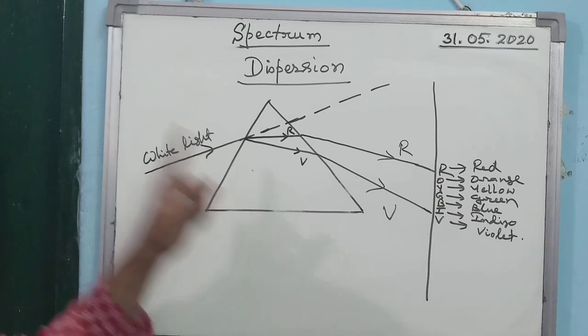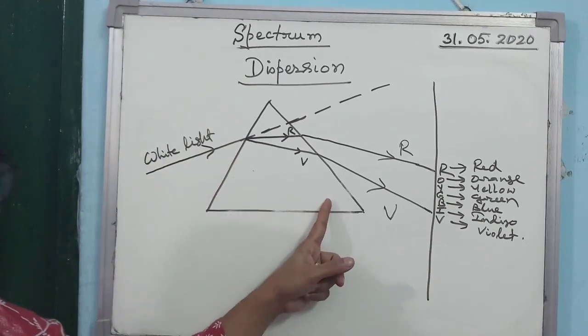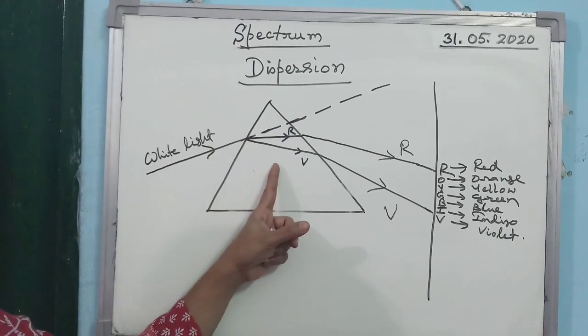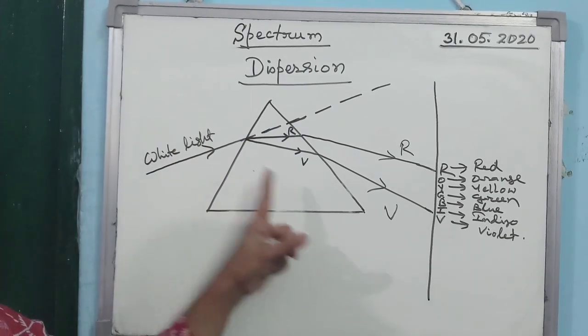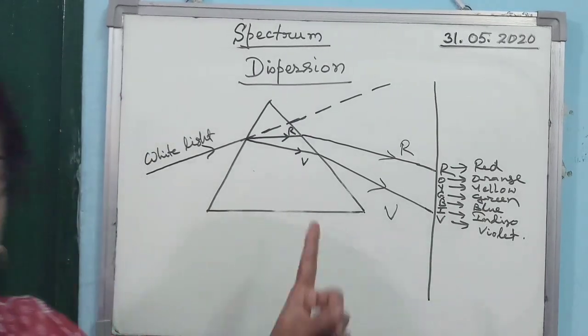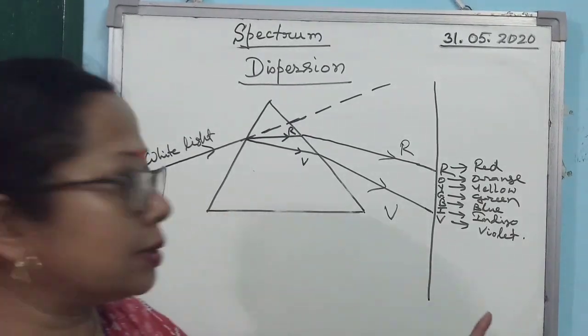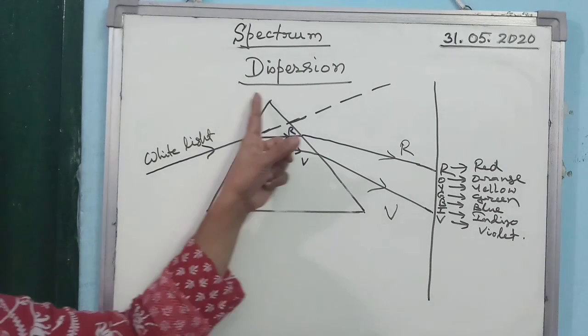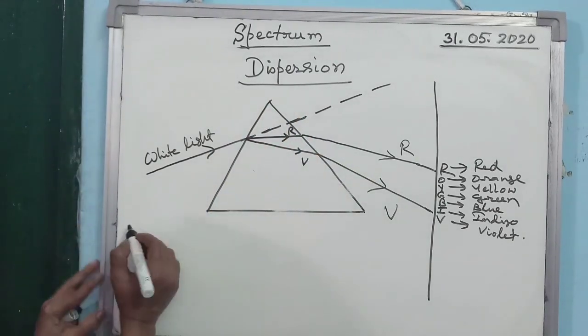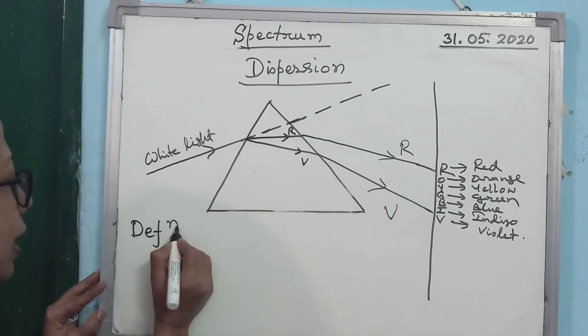Clear? So this phenomenon of splitting of white light into its constituent colors while passing through a prism (within bracket, you can write refracting surface) is known as dispersion. You must write down the definition of dispersion. I am repeating it.